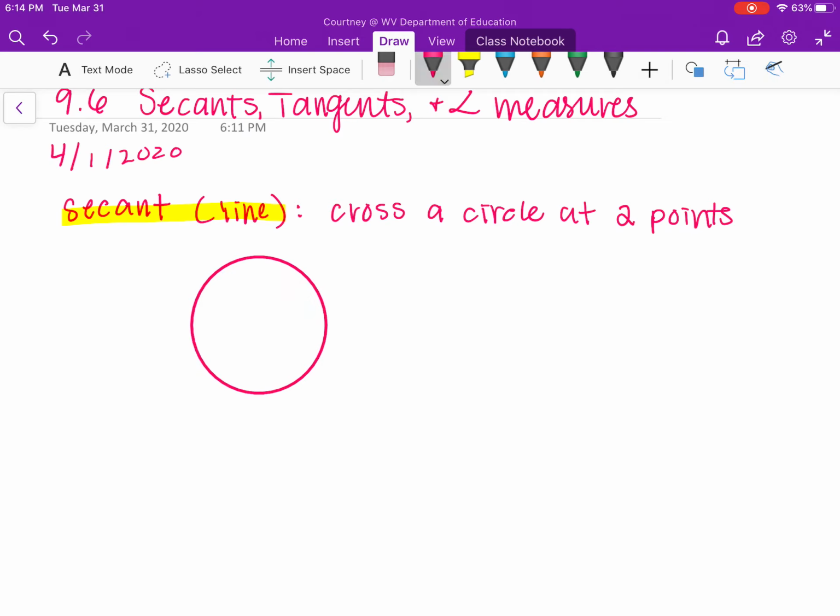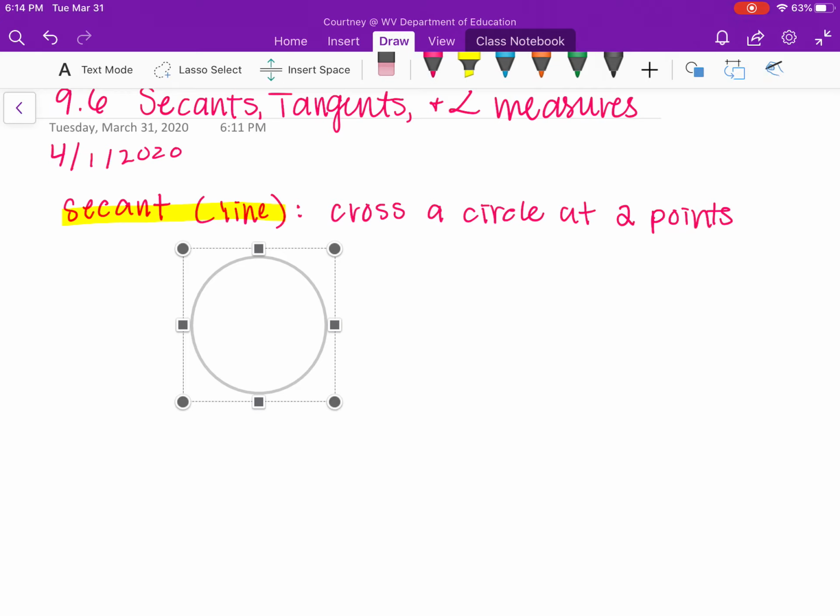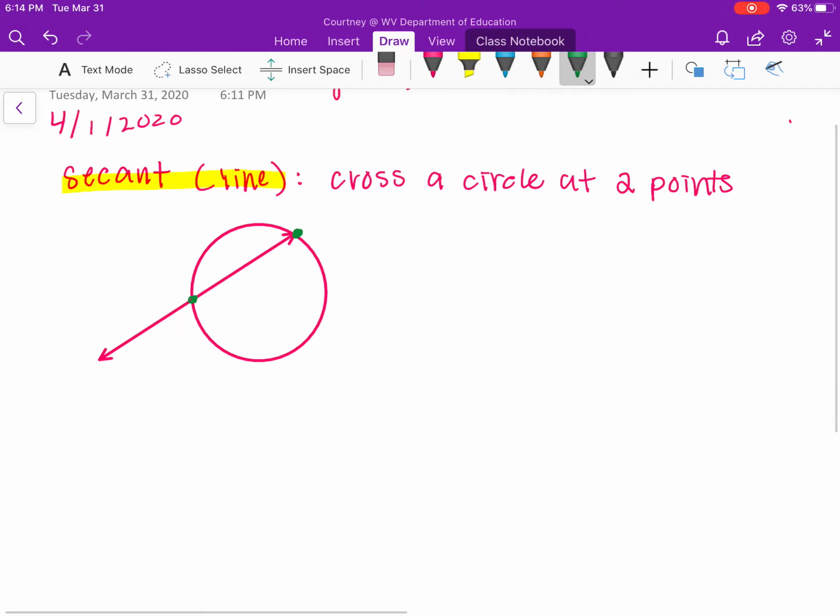So for example, here's your line. A secant line would look something like this. Just a little line that crosses right through the circle. So here's the point, and here's a point that it touches. Okay, so that's what a secant is.